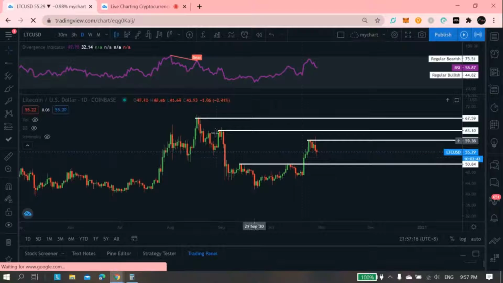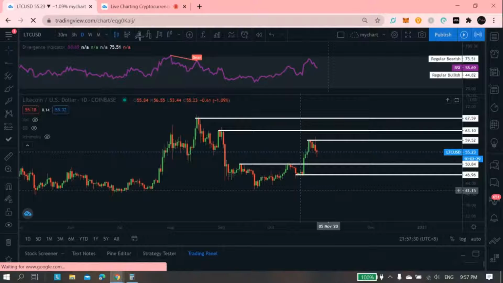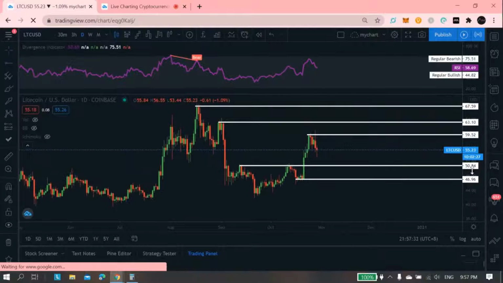So as you can see, I'm always using the body as support or resistance. I don't use the wick when plotting support and resistance. So this is the area I'm currently looking at.